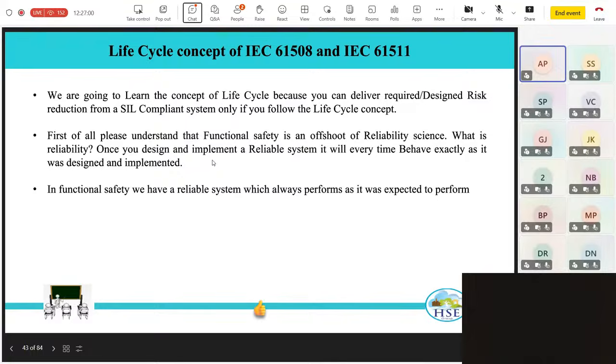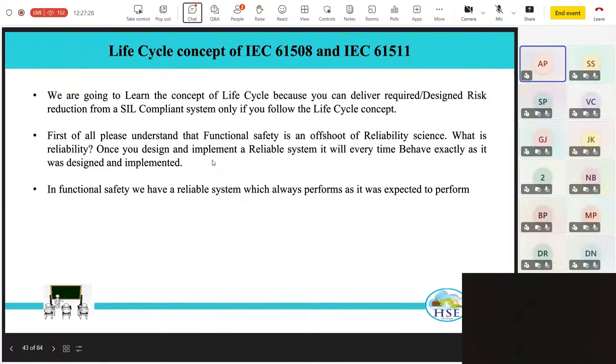I explained to you that IEC 61508 and IEC 61511 are very important for the functional safety industry and for the process industry. And functional safety, as I told you, is based on reliability science. We will learn as we go along how it is explained numerically.